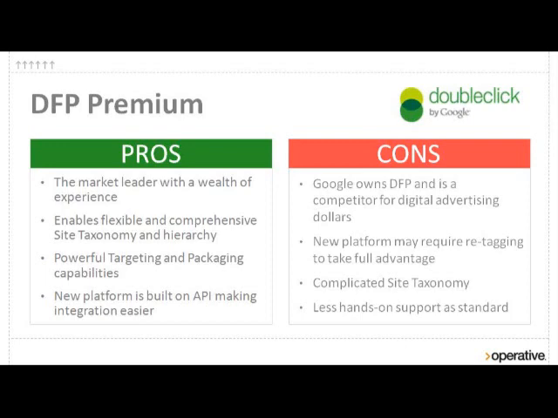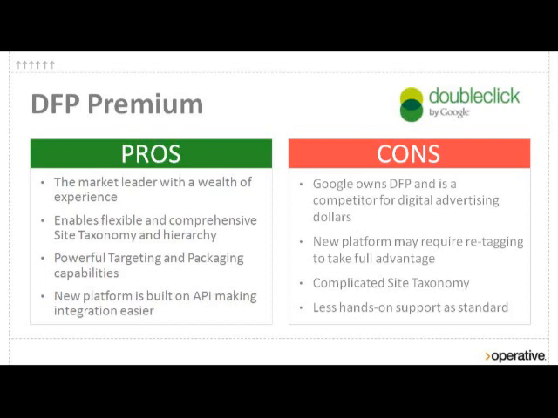Certainly the migration path that I've seen that's been presented by Google is very straightforward and can take site zones and move them straight to the new taxonomy. But to take full advantage of the flexible and comprehensive site taxonomy and hierarchy we talk about as being a big pro of DFP Premium would require some additional effort.